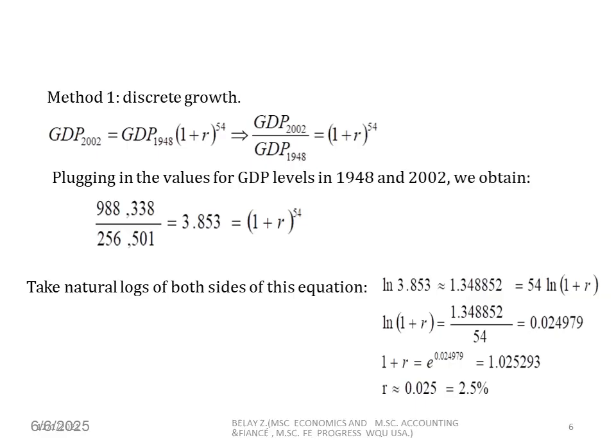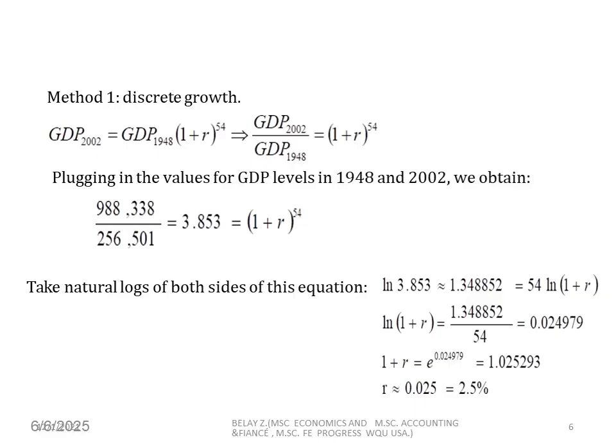Plugging in this value for GDP levels in 1948 and 2002, we obtain 3.853 equal to 1 plus r to the power of 54. Taking the natural log of both sides of this equation, ln 3.853 equal to 1.348852 equal to 54 times ln of 1 plus r.